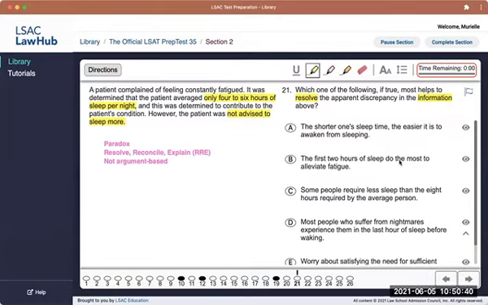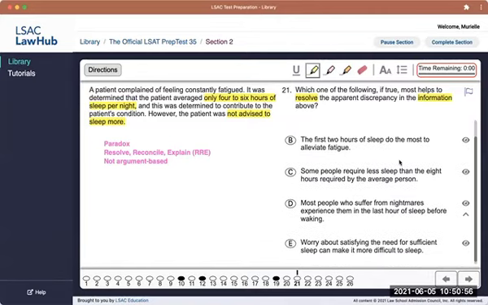But even though those first 2 hours do the most to alleviate fatigue, so let's say it alleviates like 51% of your fatigue, if we can quantify it that way, what about the other 49%? Some people require less sleep than the 8 hours required by the average person. Okay, sure, but this person is feeling fatigued, and the only 4 to 6 hours of sleep per night is actually determined to contribute to that.